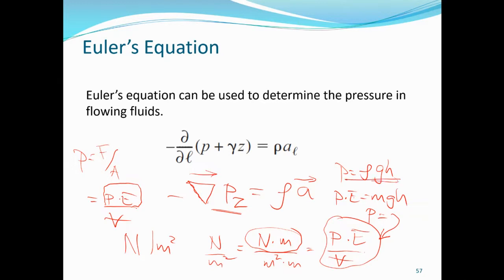The static pressure is rho gh, and this is the potential energy. When you compare them, you realize that pressure is a measure of the amount of potential energy contained in a fluid element, or within a given control volume, per unit volume.